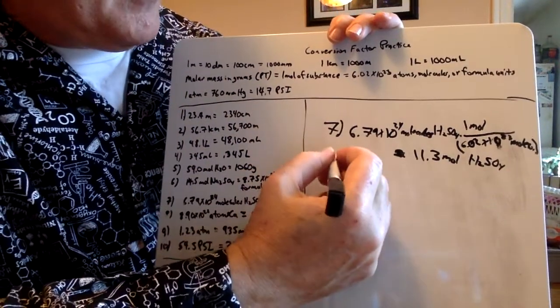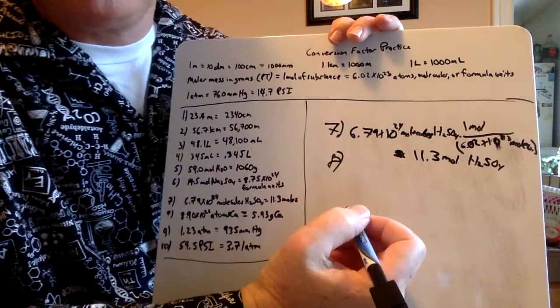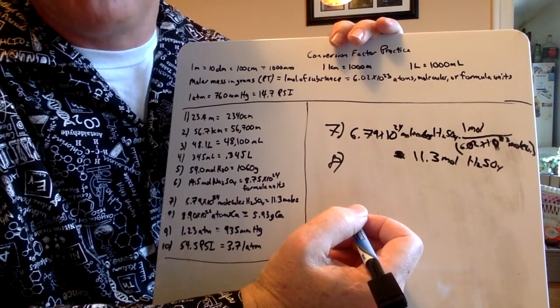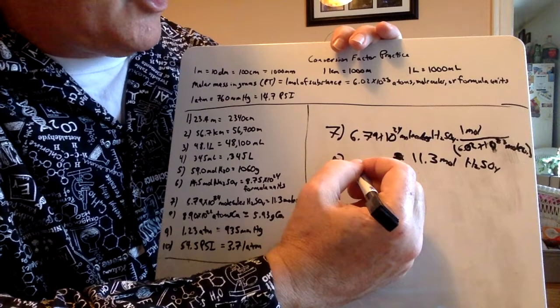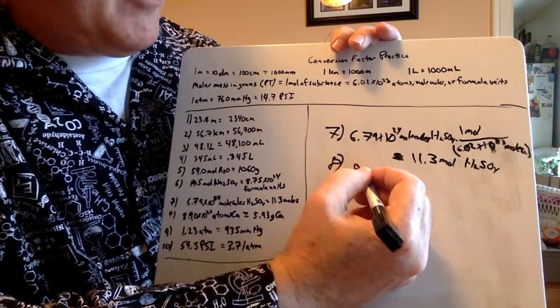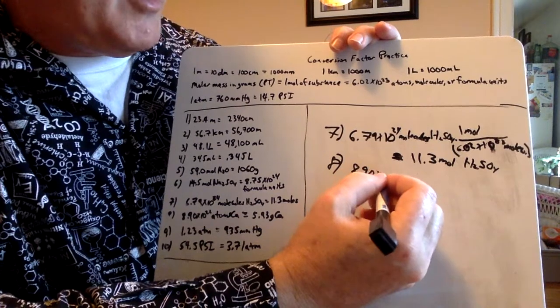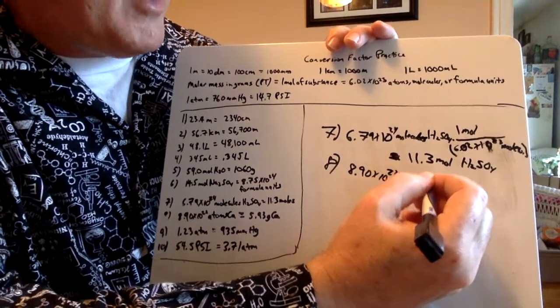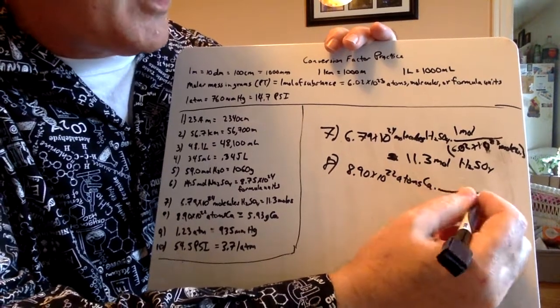And number 8, we are changing 8.90 times 10 to the 22nd atoms of calcium to grams.